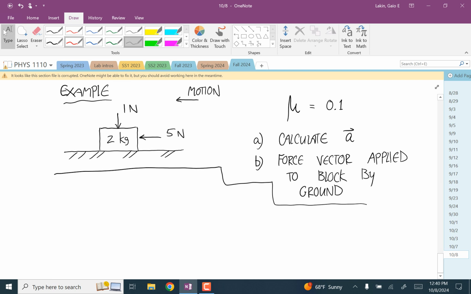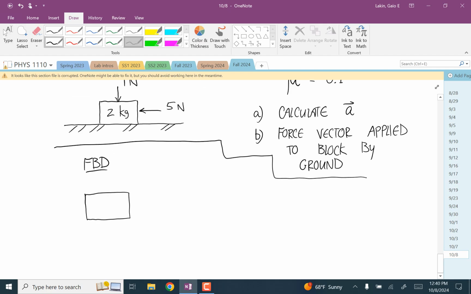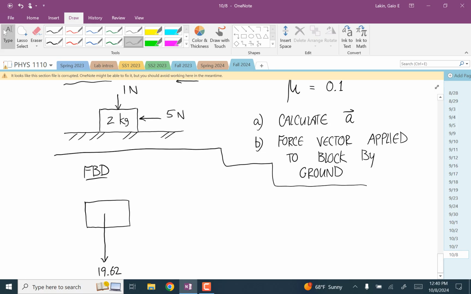The first step is a free body diagram. We have a weight force of 2 times 9.81, so 19.62. Then we have these two given forces, 1 newton going down, 5 newtons going to the left.